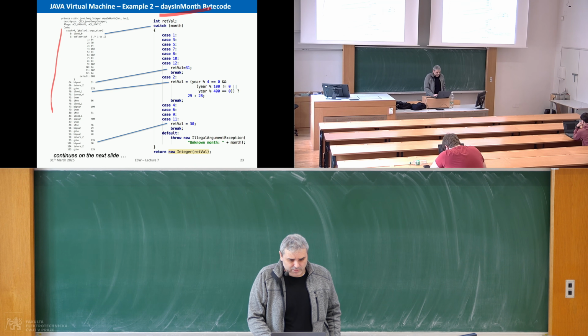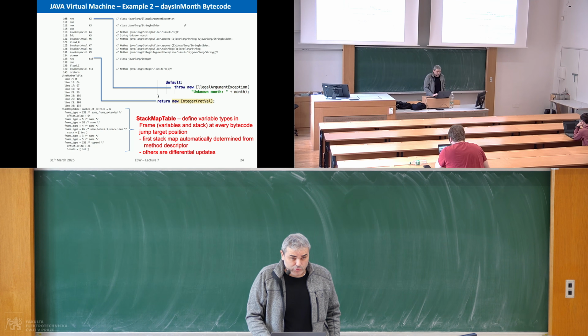What is interesting here is that it really uses some local variables: locals is 3 while argument size is just 2, so it requires one more local variable, and that would probably be the return variable. And here is the continuation of the disassembled form.